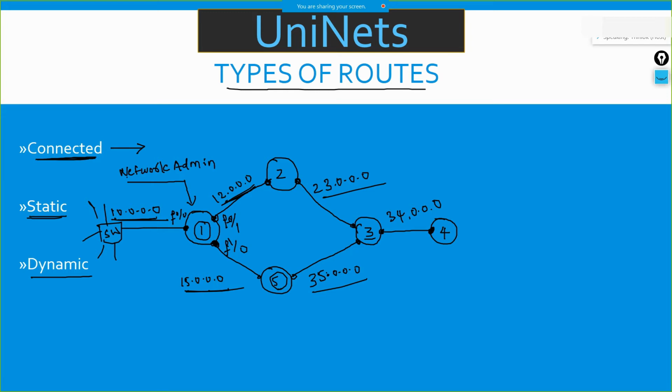If the network admin is configuring the route on the router manually, then it is static. The router is not learning on itself. That entry in the routing table is done by the network admin. That is called static routing.